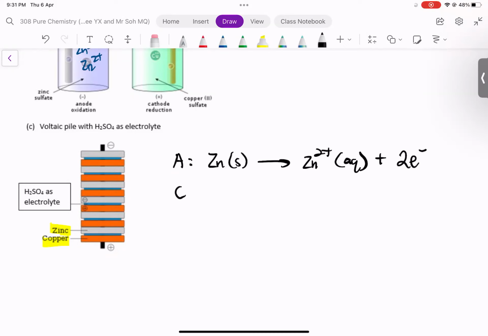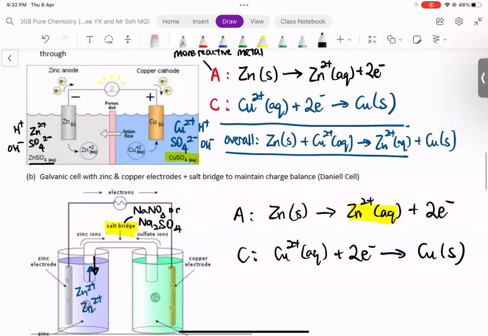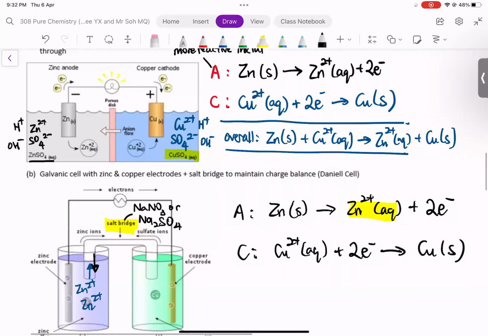But now the cathode is a bit more peculiar, right? So just now one student asked me, oh, why is it that in our notes, the cathode is H+ being discharged? Why not Cu2+? But Mr. So told me it's Cu2+ for the first two. Yeah, it's Cu2+ for the first two because the electrolyte is copper sulfate. Right?